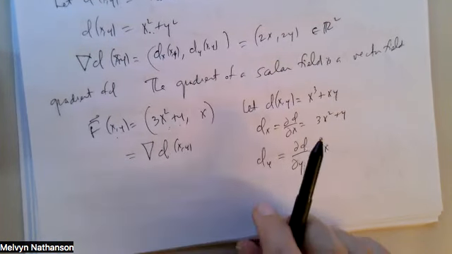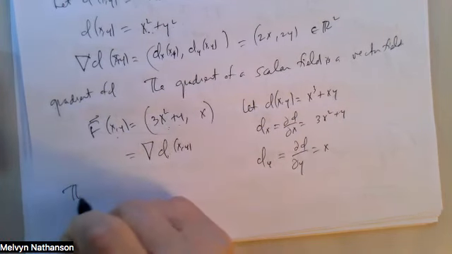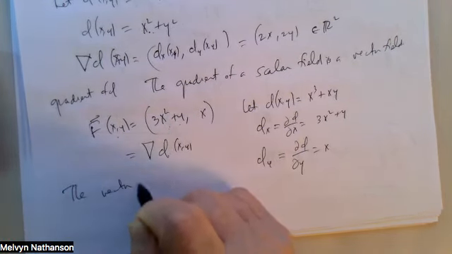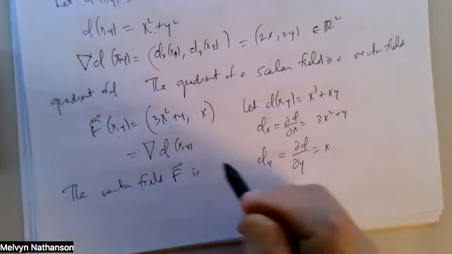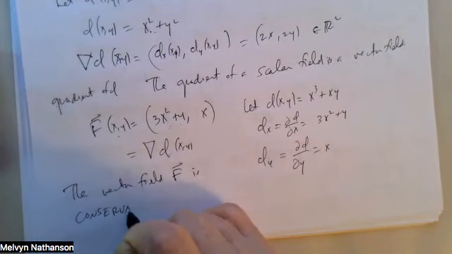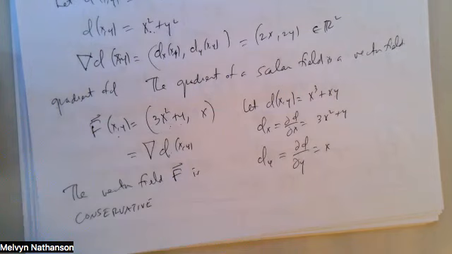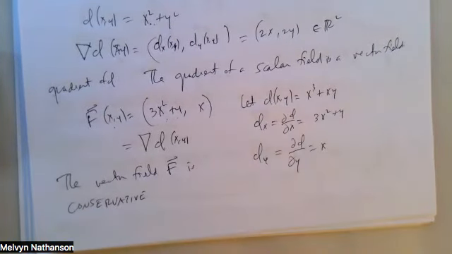And this is an important definition. We'll come back to it again a bit later. The vector field F is called conservative. And this is conservative not as in politics, but as in, for example, physics, where you learn about the conservation of energy.